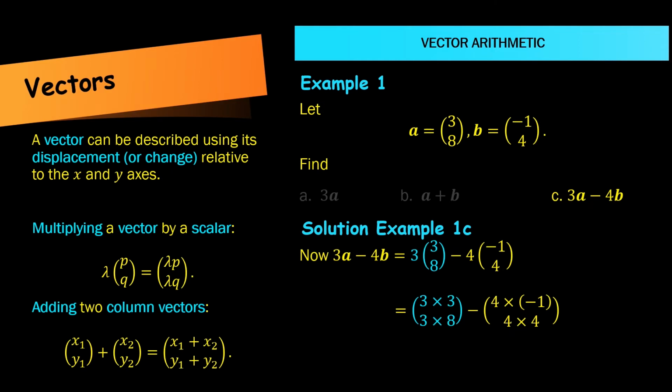Multiply a by 3, as shown, and multiply b by -4, or multiply b by 4 and take it away from 3a, as shown. To give (9, 24) minus (-4, 16). To give (13, 8).